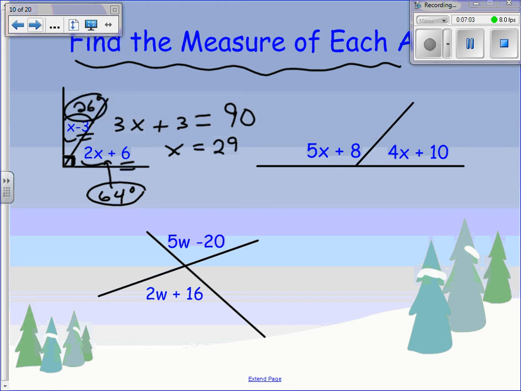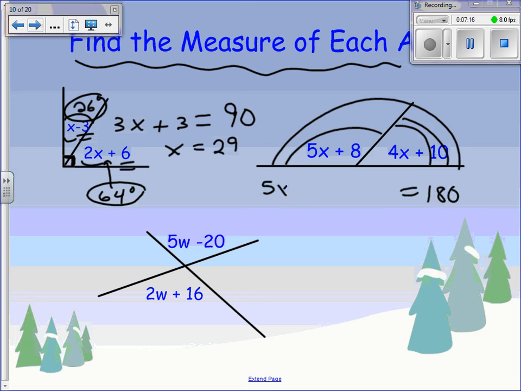For the next diagram, this angle plus this angle add up to 180. Therefore, you have the right to set up an equation and set it equal to 180. Add them together. Combine like terms, solve for x, and you should get x is equal to 18.